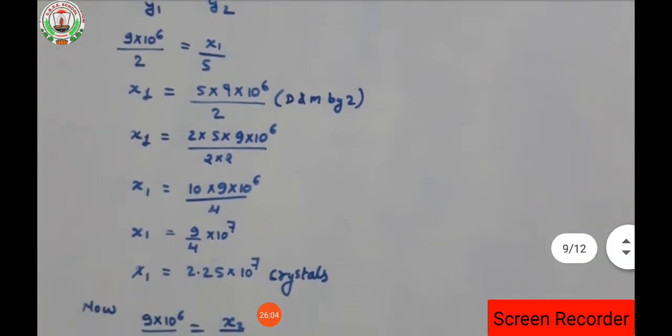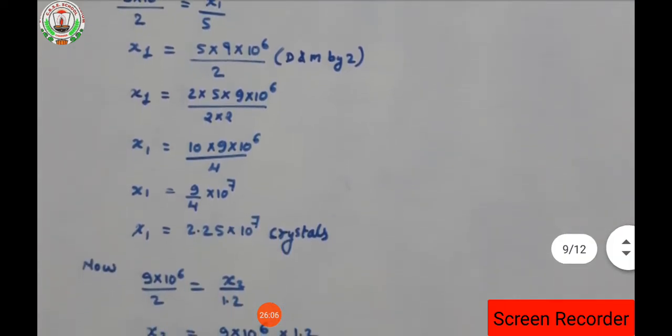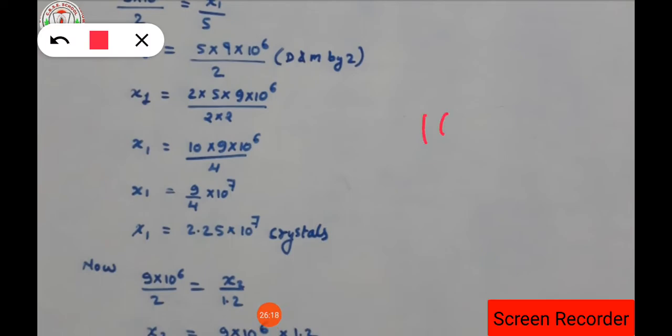Okay. So how much will it be? While multiplying 2 in the numerator and denominator, it will be 2 into 5 which is 10, into 9 into 10 to the power 6 upon 4, where 10 to the power 6 into 10 to the power 1. If nothing is written there, that means power 1 will be there.